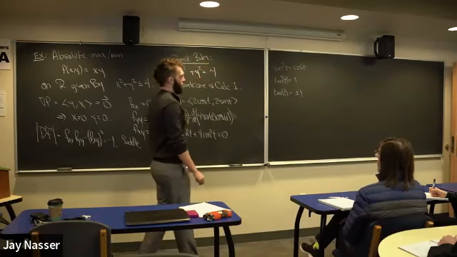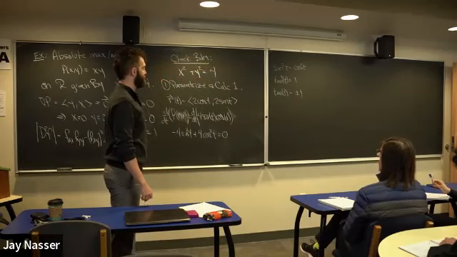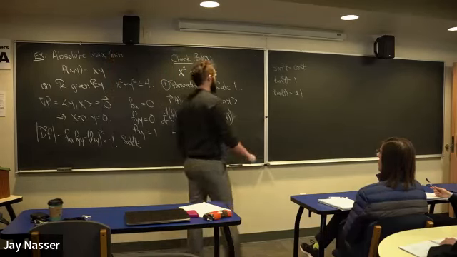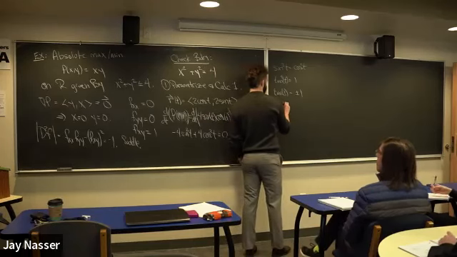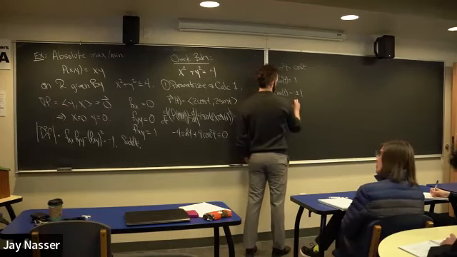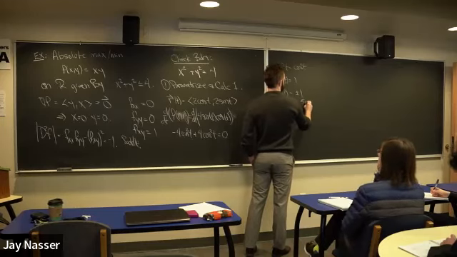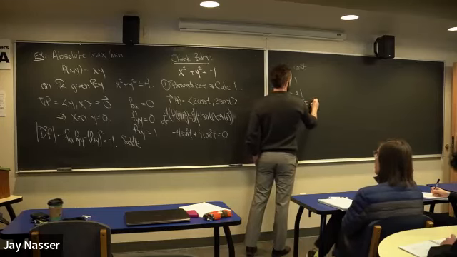So what are our t values? t is pi over 4, 3 pi over 4, 5 pi over 4, and 7 pi over 4.